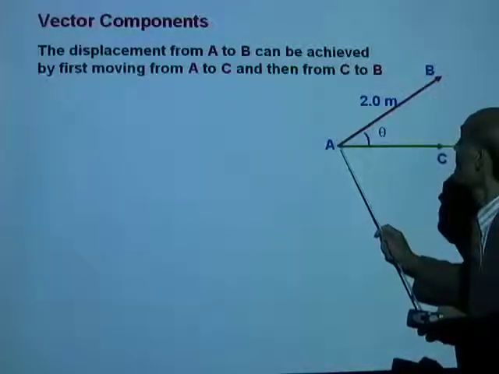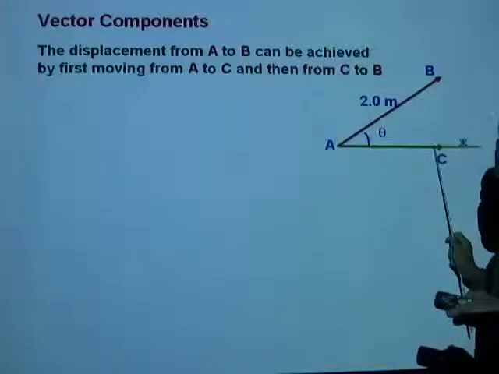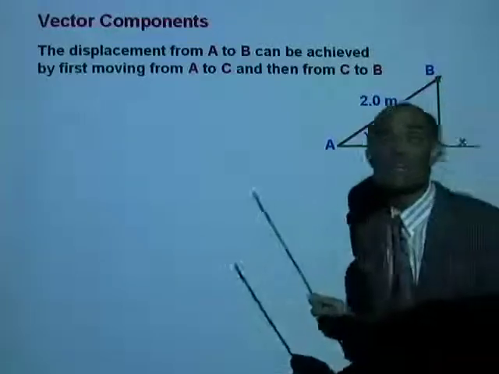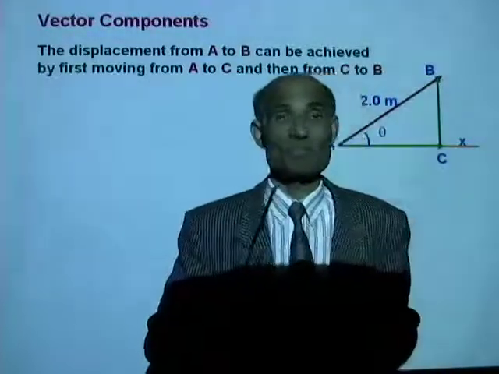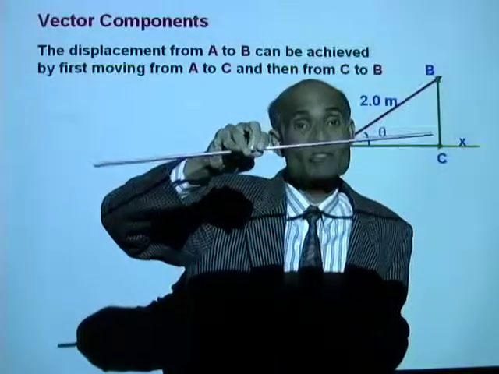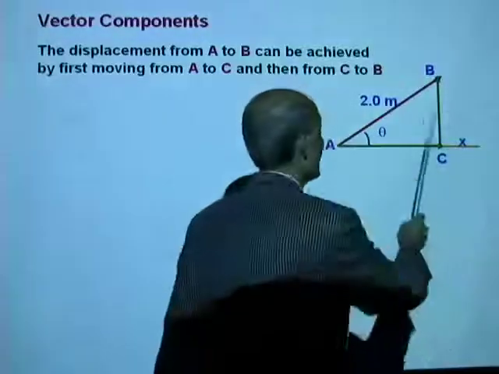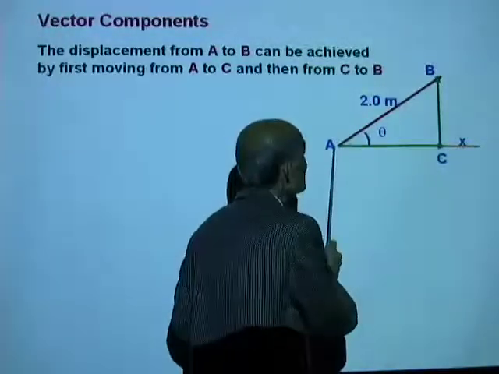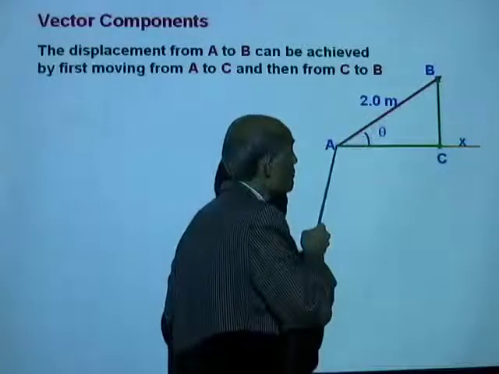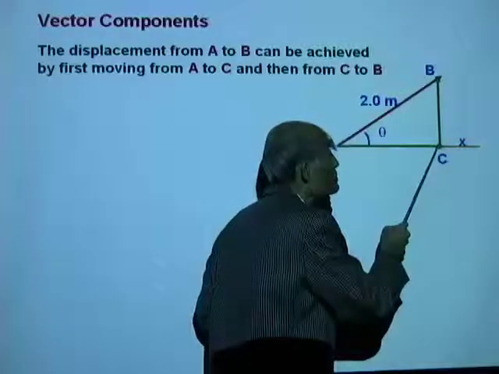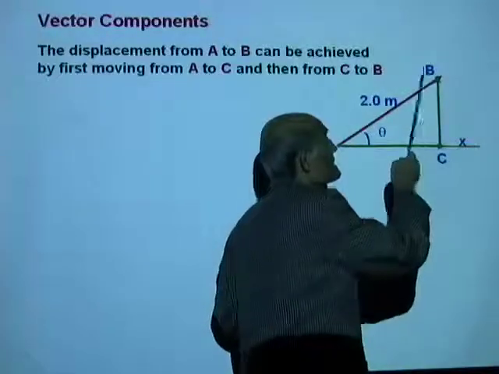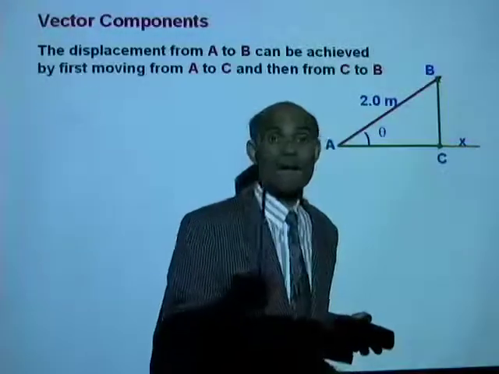Look at this. First I can go from A to C along the x-axis and then move from C to B along the y-axis. You see that? A vertical axis is the y-axis, a horizontal axis is the x-axis. So a displacement from A to B can be achieved by first moving from A to C along the x-axis and then moving from C to B along the y-axis.